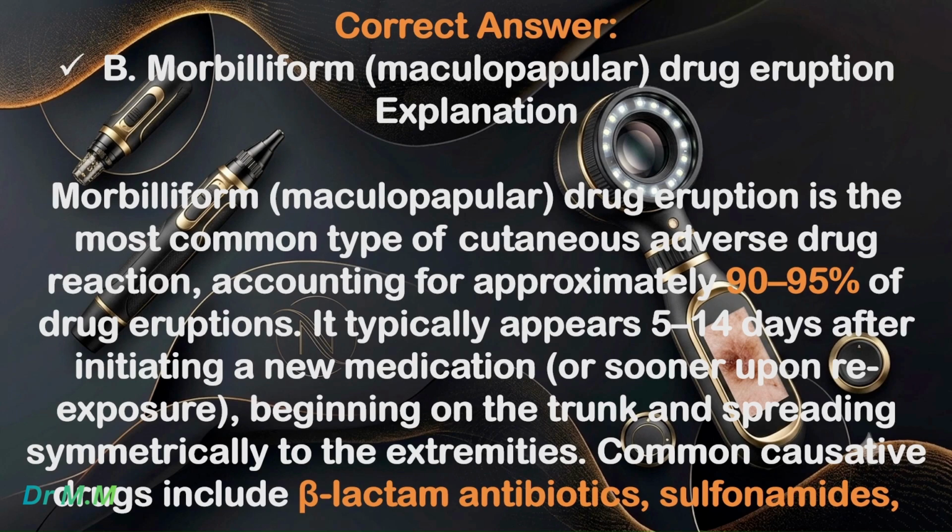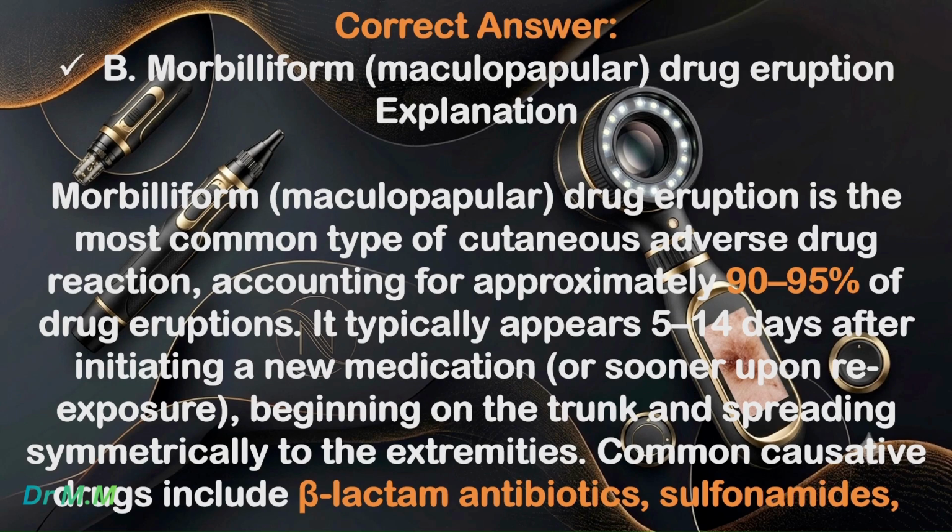Explanation. Morbilliform maculopapular drug eruption is the most common type of cutaneous adverse drug reaction, accounting for approximately 90 to 95% of drug eruptions. It typically appears 5 to 14 days after initiating a new medication, or sooner upon re-exposure, beginning on the trunk and spreading symmetrically to the extremities.